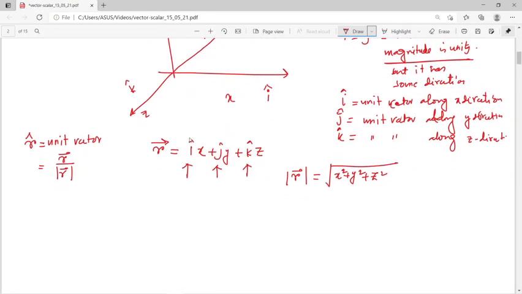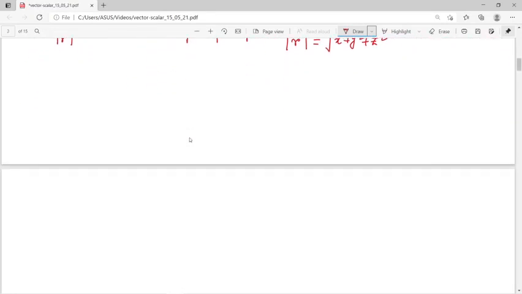Now if we draw the diagram like that, considering the x, y, z axes, say initially the particle is at some point p1, and finally it moves to some point p2. The position vector of p1 is r1 and the position vector of p2 is r2.